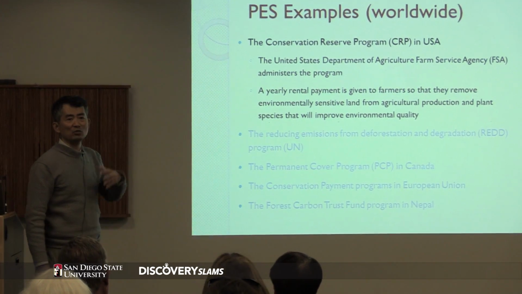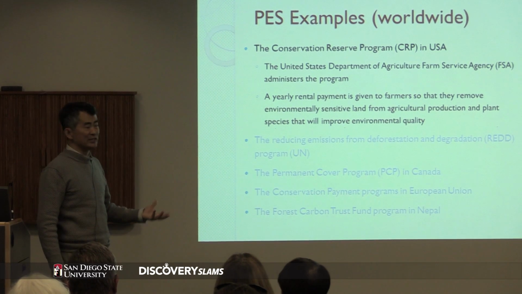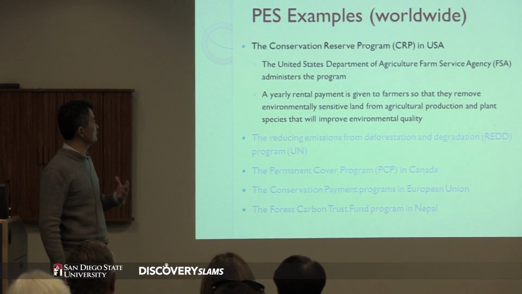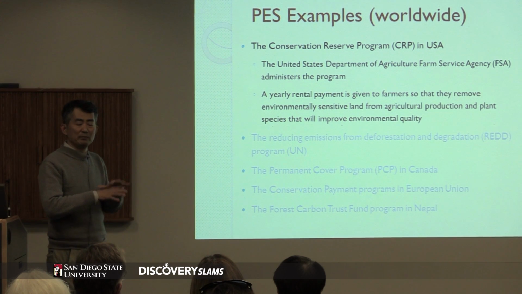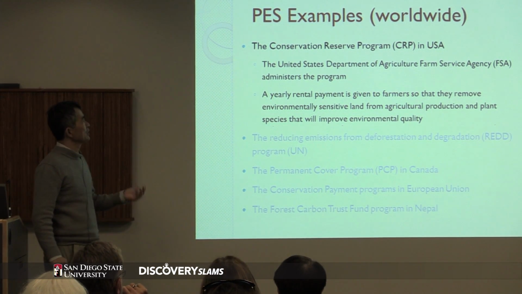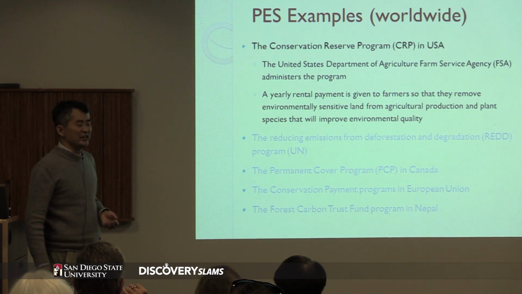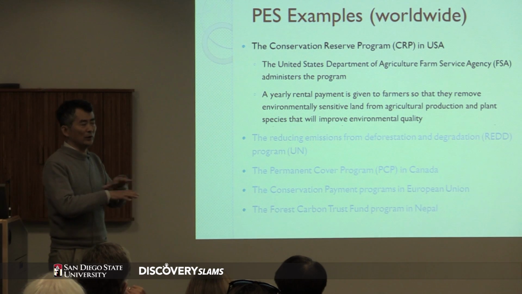So here, I just want to give you some examples of the PES. For example, in the US, there is the Conservation Reserve Program, CRP. It has been implemented for many years. Basically, the USDA Farm Service Agency administers the CRP for the whole United States.